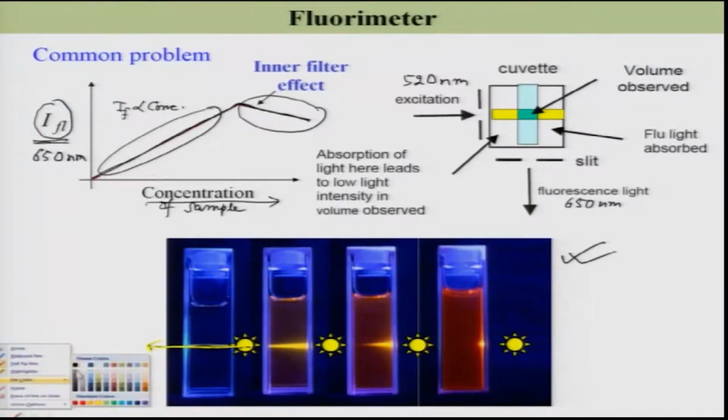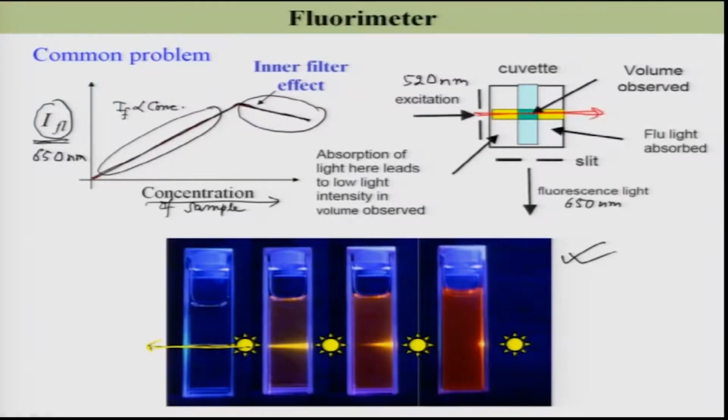So, in this case I excite like this and emission is collected from the mid part of this excitation. So, this is my volume of absorption, or observed volume, right. So, in this case this observed volume is somewhere over here, right.